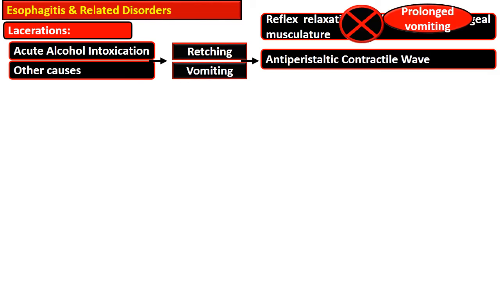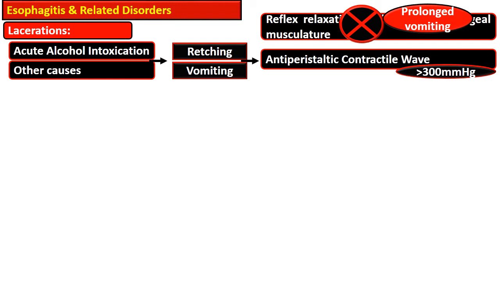In the presence of acute alcohol intoxication or other causes that lead to prolonged vomiting, this reflex relaxation of the gastroesophageal musculature is blocked. This blockage leads to increased pressure within this area.